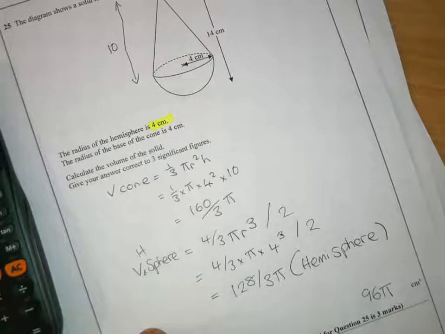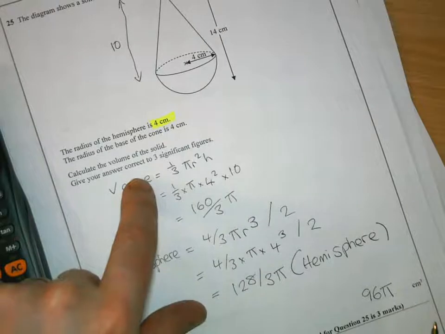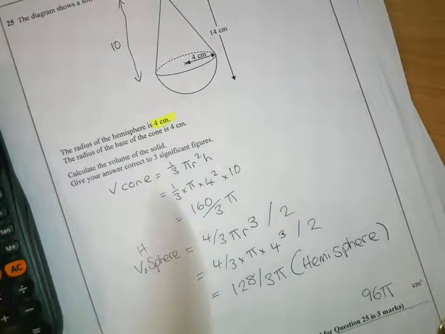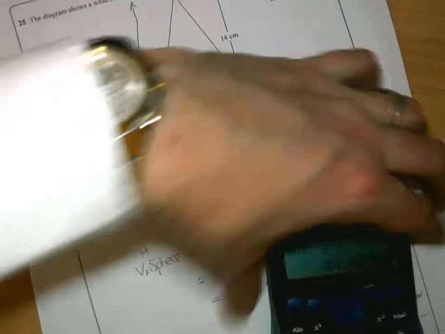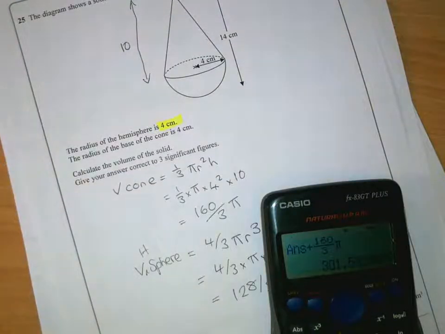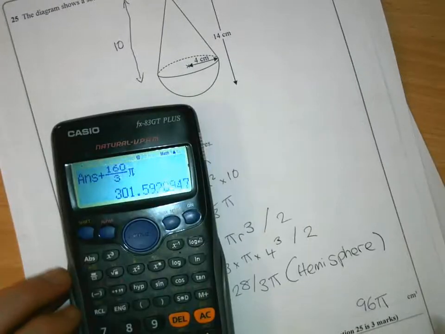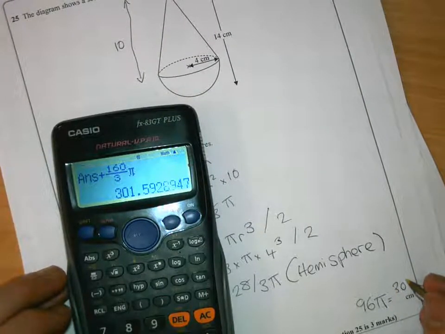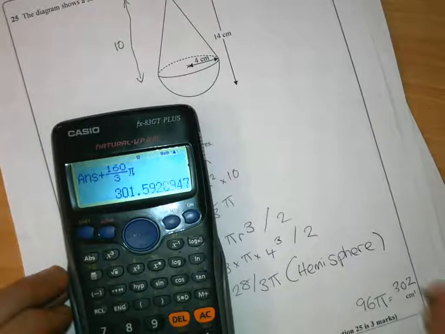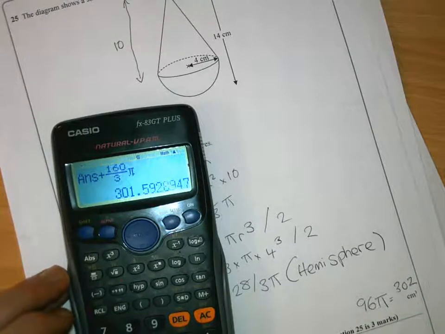It did say give your answer correct to 3 significant figures, so it's talking about decimals there. So when you press the SD button, you get that. So you could just put in 302. Right, so 3 significant figures. Okay, and that's it.